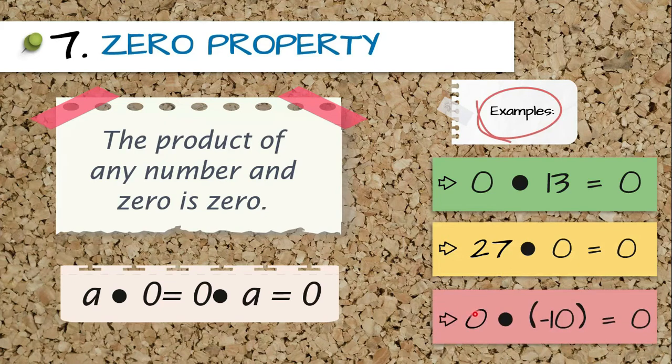And last, 0 times negative 10 is equal to 0. Meaning to say, any number, any integer, that if you're going to multiply it to 0, the answer is always equal to 0. So that is what we call zero property.